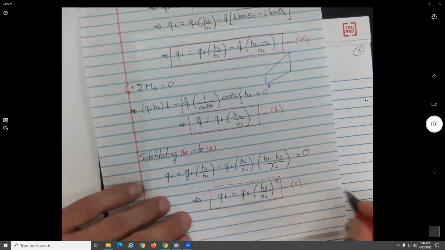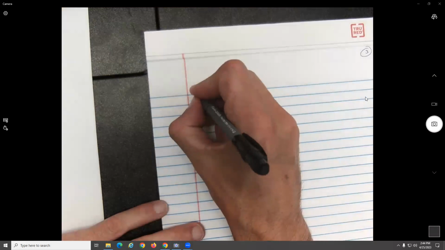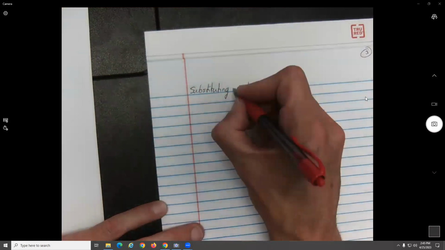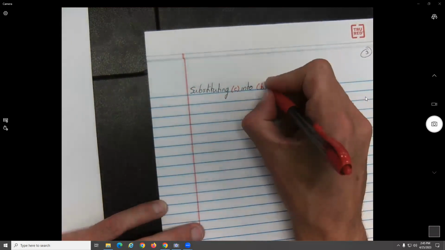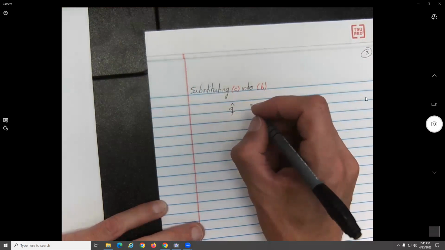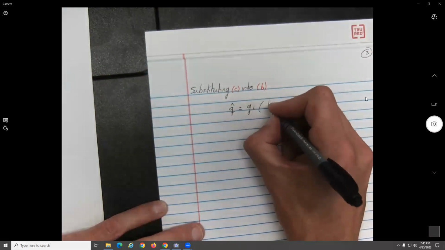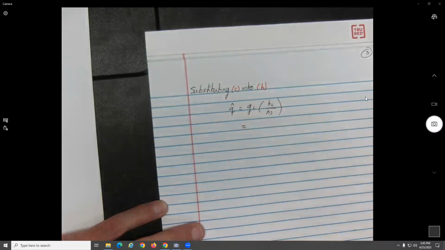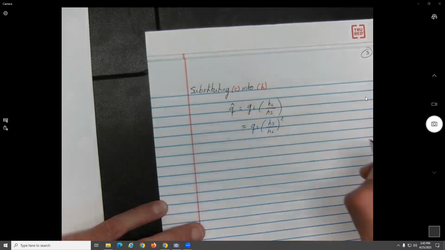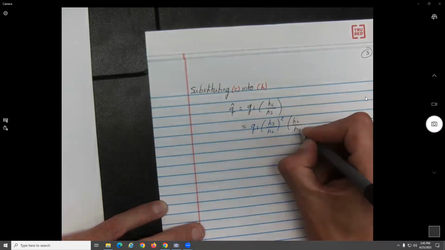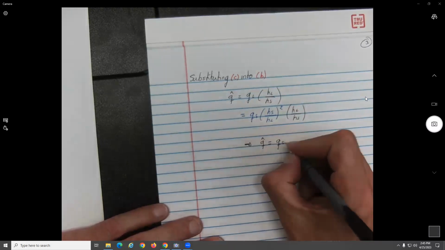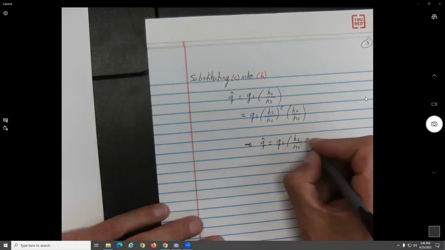A, B, C. So substituting C into B, we get Q hat, Q long equal to Q long H sub L over H sub S, where Q sub L we know is equal to Q sub S H sub S over H sub L squared, times H sub L over H sub S. So this is going to give us that Q hat is equal to Q sub S, H short over H long.